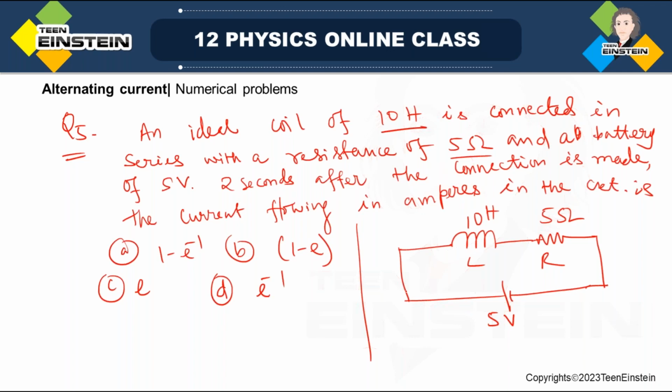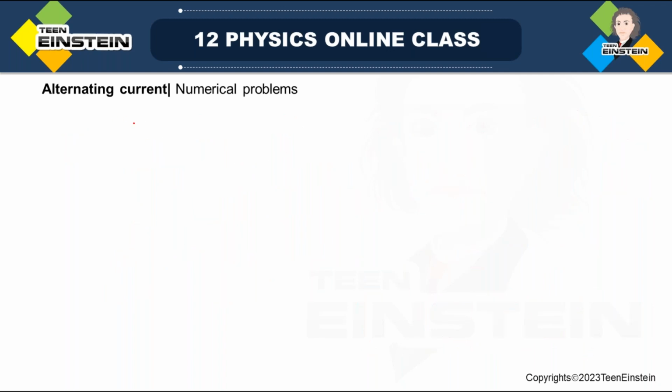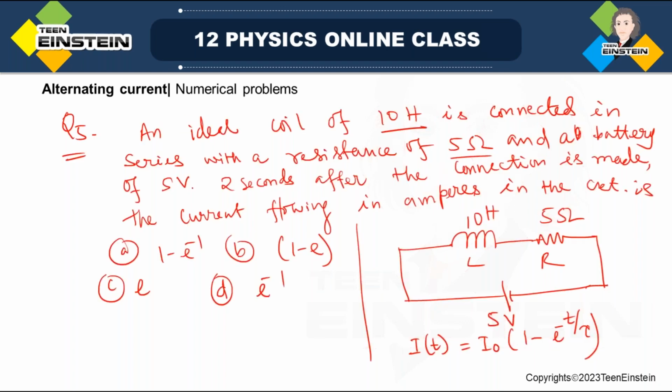After 2 seconds, that means this is an LR circuit, right? So in an LR circuit, you have to find the growth of current. The expression is I equals I0 times 1 minus e to the power minus t by tau, where tau is L by R in the LR series circuit. The question says t is equal to 2 seconds, so what is tau?